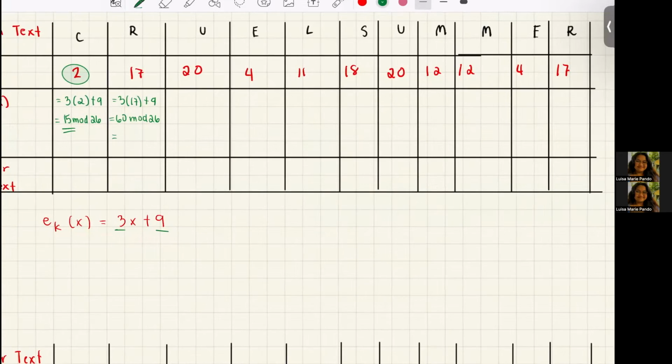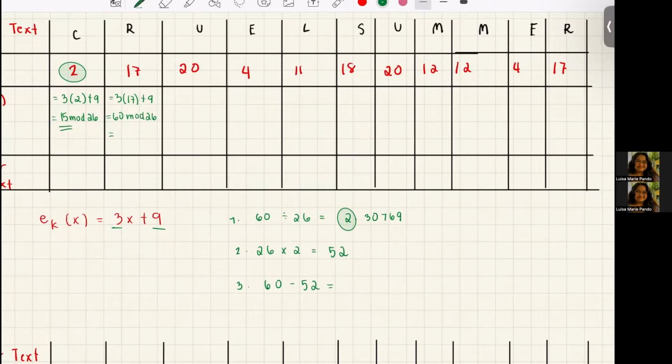First step is 60 divided by 26 is equals to 2.30769. Kukunin lang natin yung whole number. Second step is 26 times 2, which is equal to 52. Tapos, for our third step, we will subtract 52 from 60.